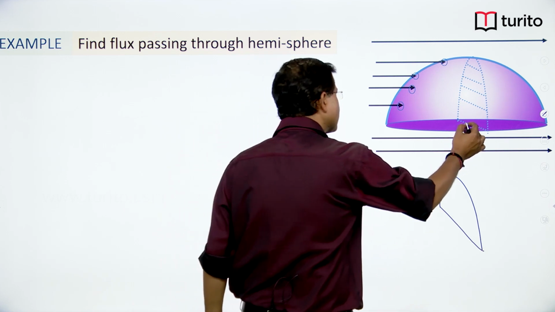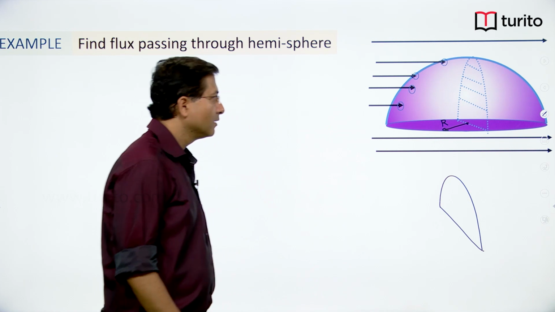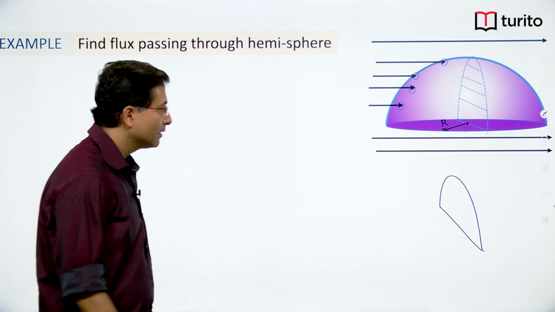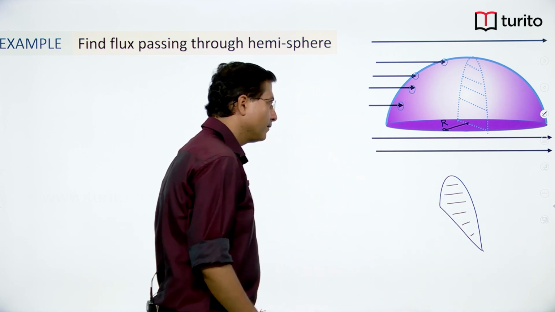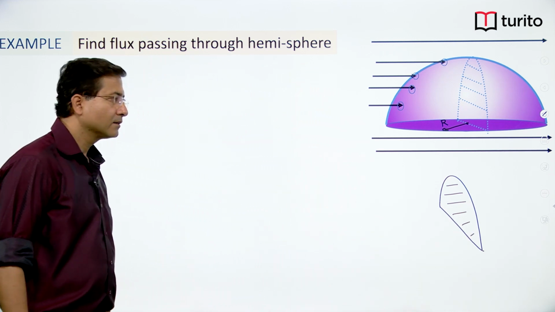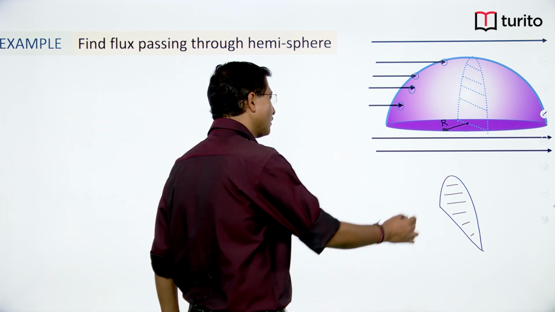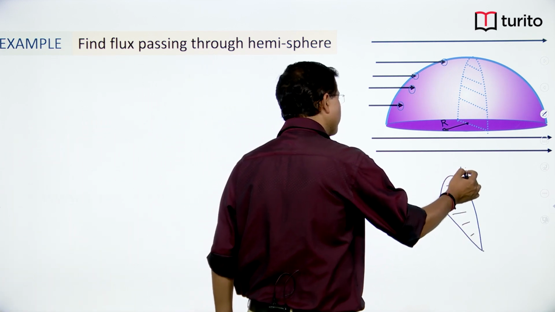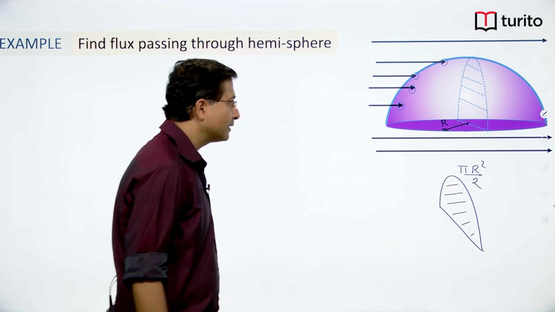So if the radius of the hemisphere is r, this area will be pi r square by 2, half of the area of the circle, pi r square by 2, right.